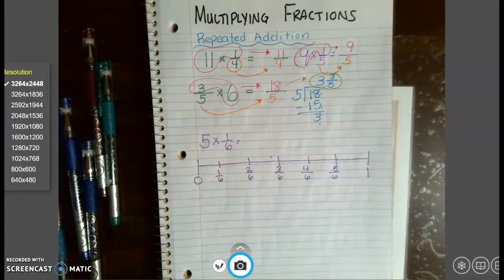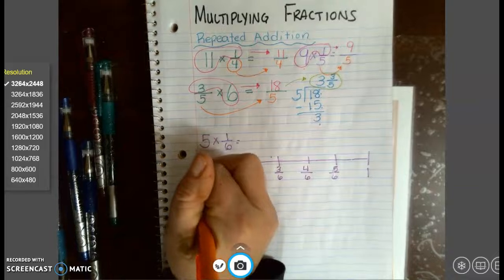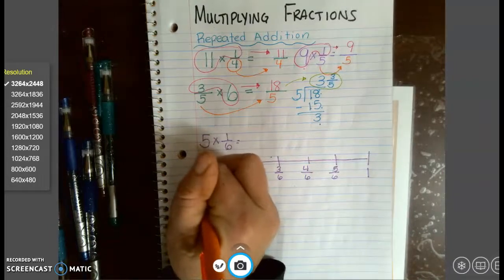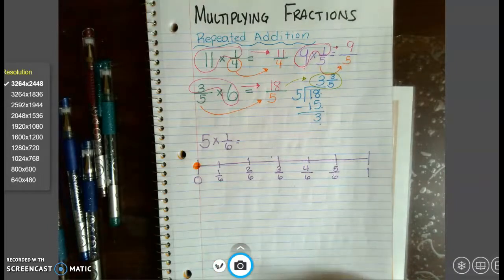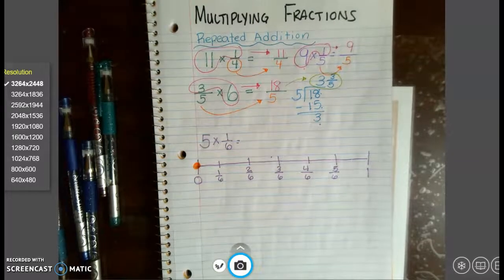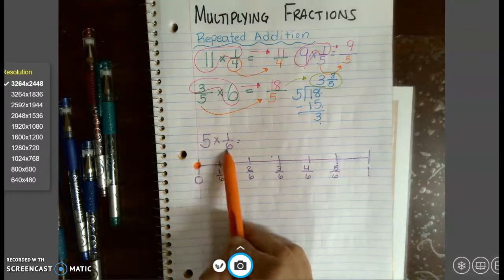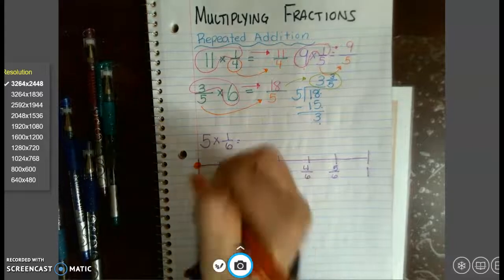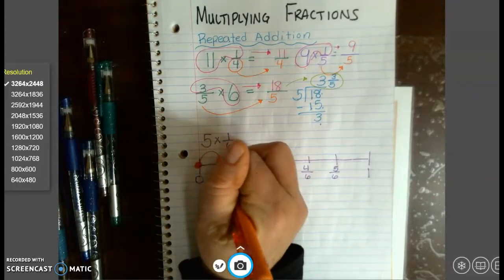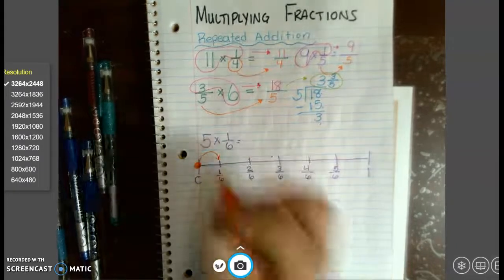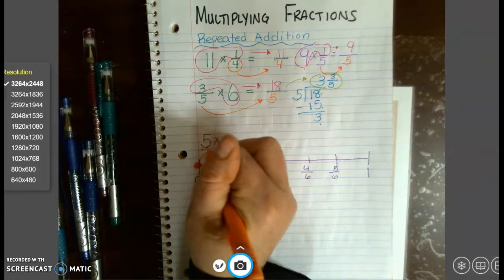Okay. When I'm multiplying with the fractions, I'm going to start at 0 unless it tells me otherwise. Because I'm starting with 0 with nothing, and then I'm multiplying. I'm doing repeated addition. I'm adding these fractions in repeatedly. So I want to do 1/6. I want to jump 1/6 5 times on my number line. Okay, so I have 1/6.